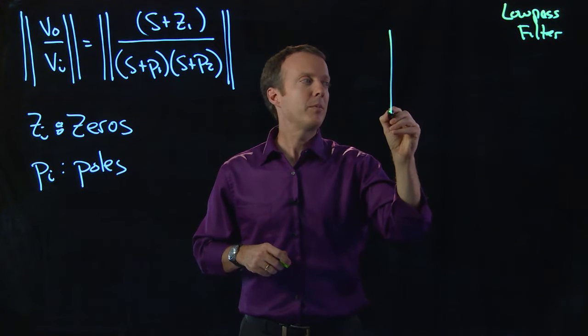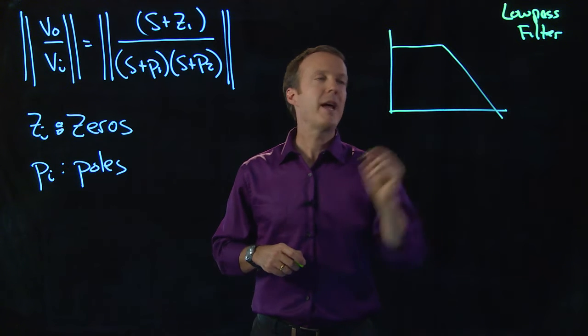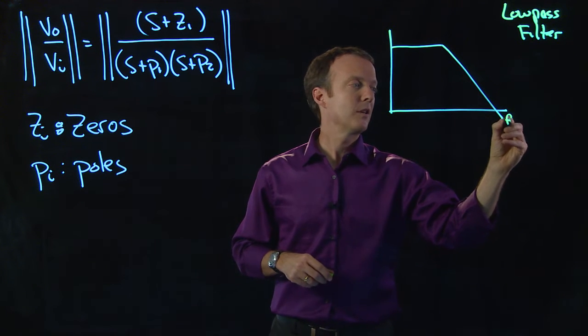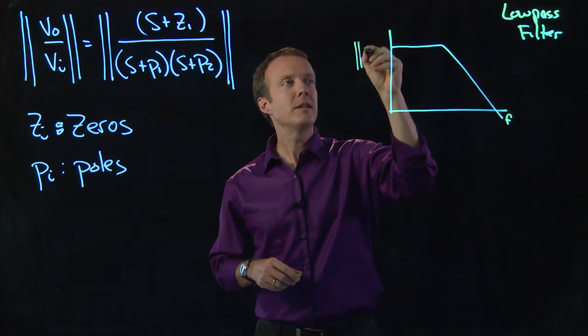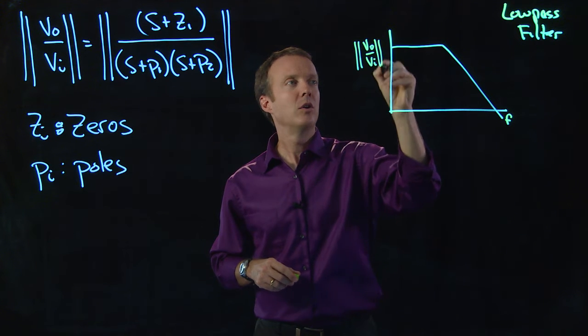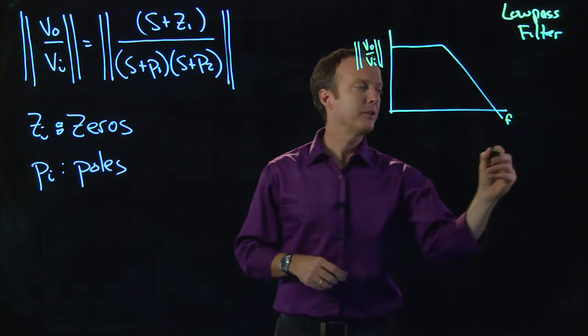If we were to plot the Bode plot for a low-pass filter, it would have a shape something like this, where this is our frequency, and this is the magnitude of our output over our input.